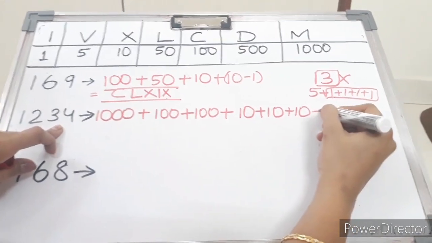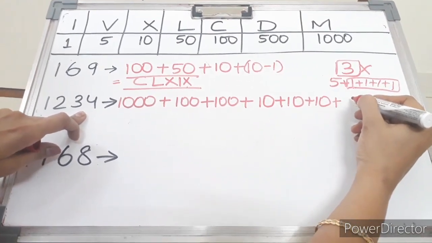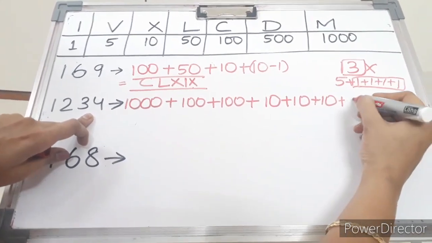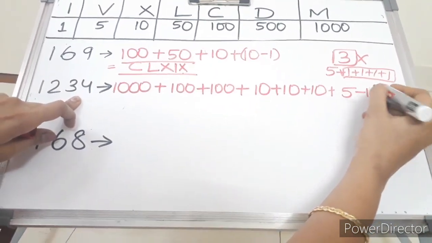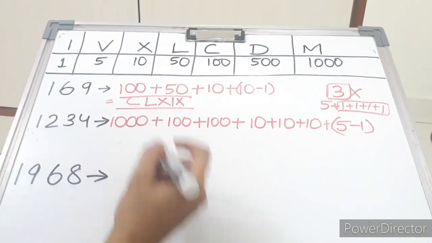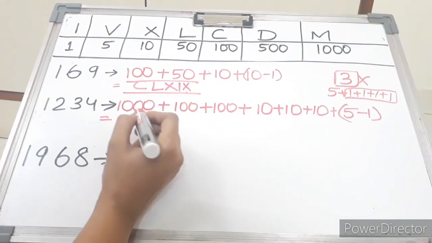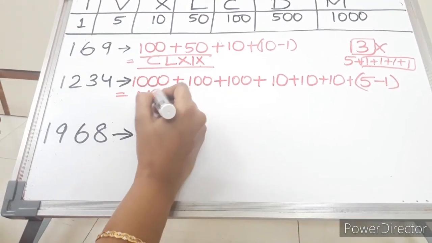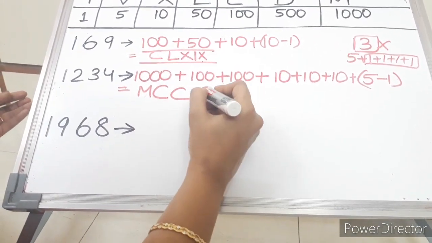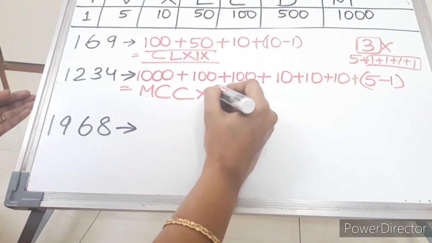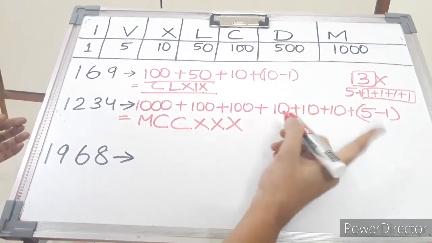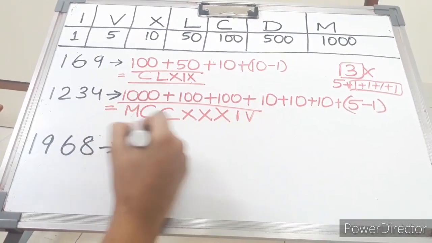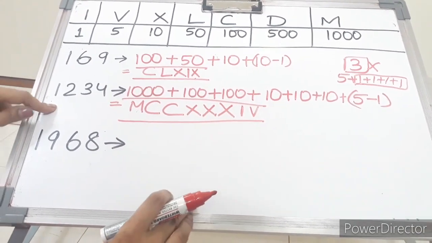Plus 4. Can we write 4 like this? No, the answer will be wrong. We have to do 5 minus 1. Keeping in mind all the rules, we will solve the question. M, C is again 100, 100. Then 10, 10, 10. And 5 minus 1. So this is the Roman numeral for 1234.